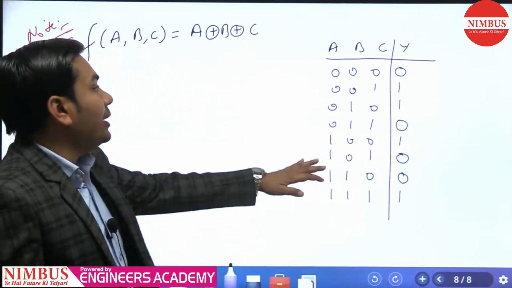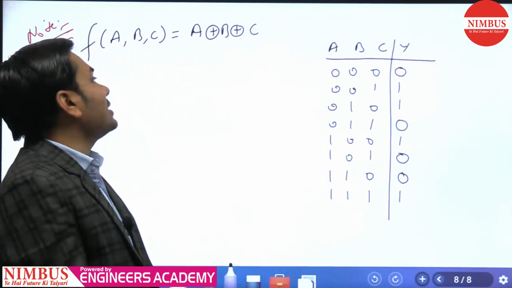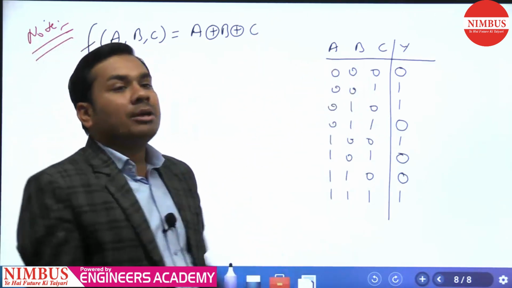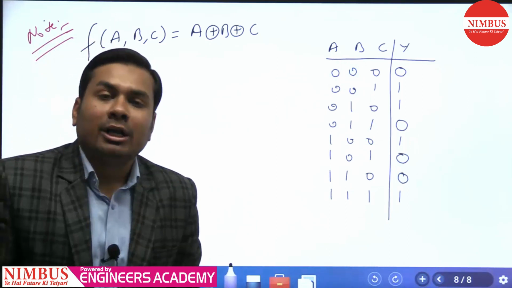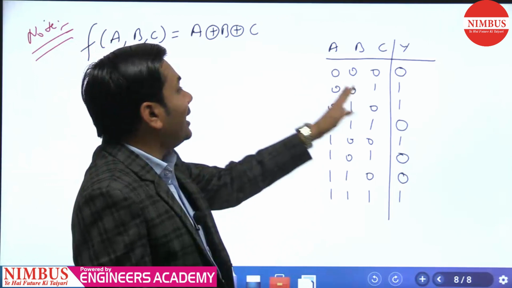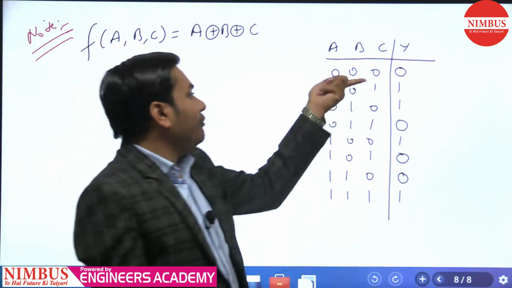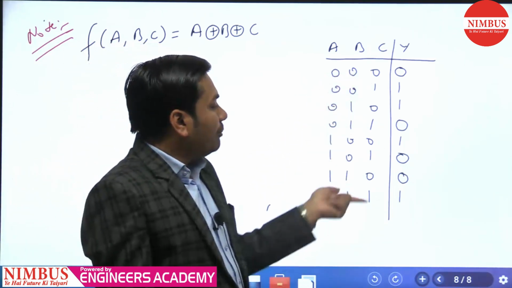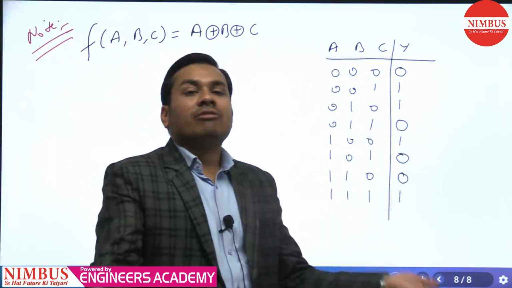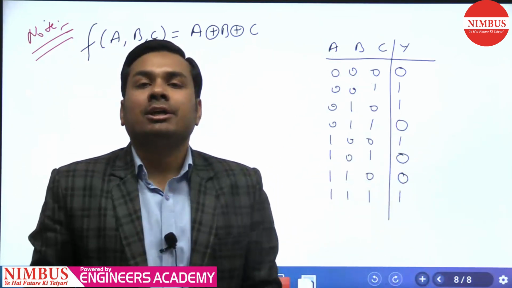So in this way we can directly access the minterms for any number of variables performing the XOR expression. If we are talking about a XOR b XOR c, if we are having an odd number of inputs at logic 1 among these 3, then the output will be at logic 1, otherwise the output is logic 0.